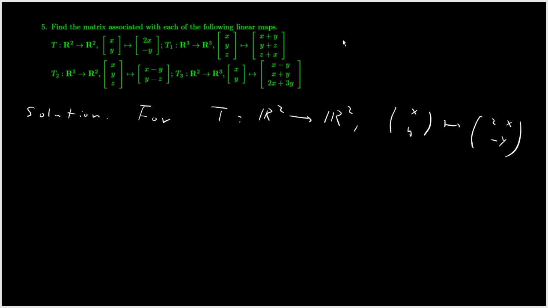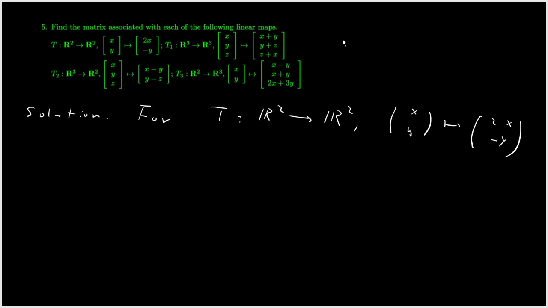For this one, we are going to get a matrix. How can we get the matrix? Anybody want to tell me briefly how we can get the matrix? We need the outputs for i and j, right? So we'll do that first.